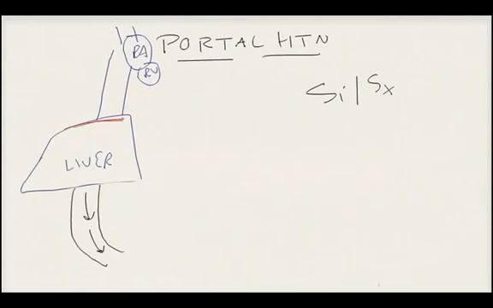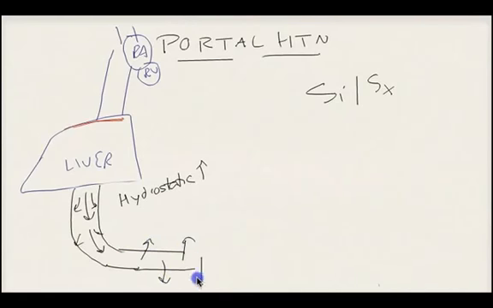In this case, we're going to see a huge increase in hydrostatic pressure because there's so much fluid building up in this portal vein because there's nowhere for it to go. The hydrostatic pressure is elevated. So consider what would happen if we push fluids out of circulation or back into other tissues from which they came.